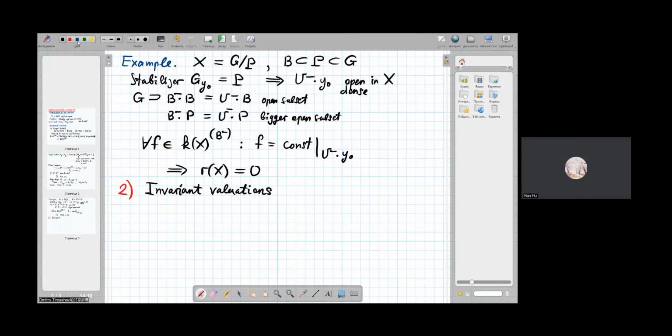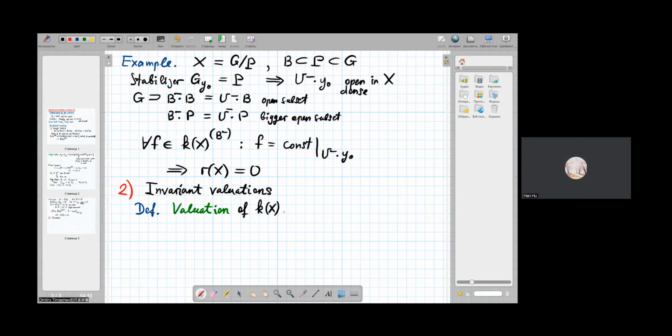Let me give you a definition. A valuation of the function field of a variety X. Well, I will consider spherical varieties, but you can apply this definition to any irreducible variety.